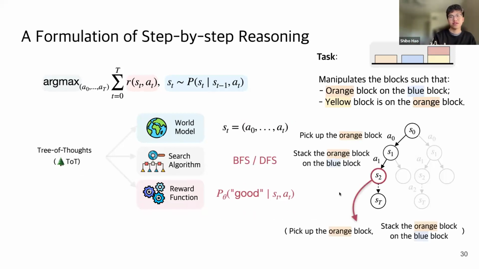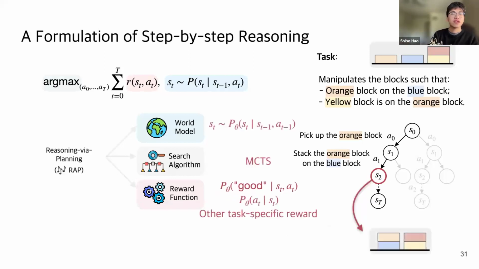And as you can see, the state remains the collection of all the previous actions. Here the world model is a deterministic one, and it simply appends the new action to the current state. So the new state will have a length of one more action. And here comes RAP.